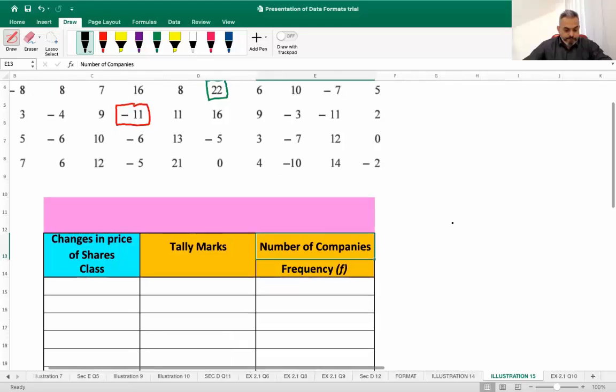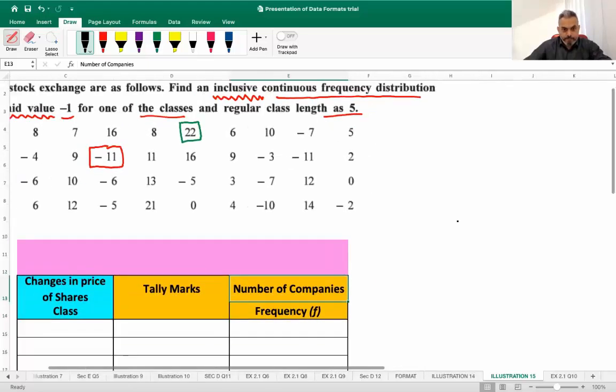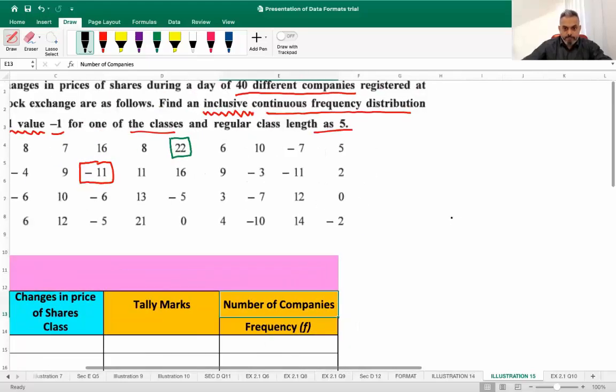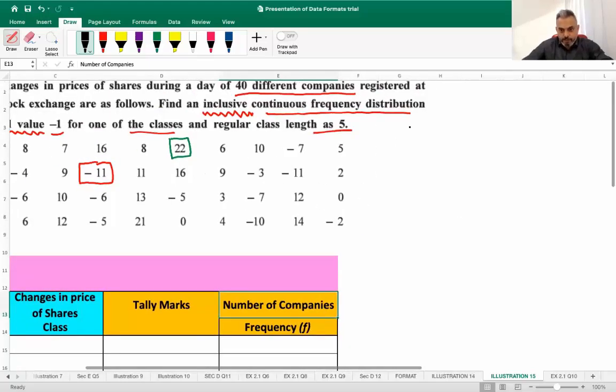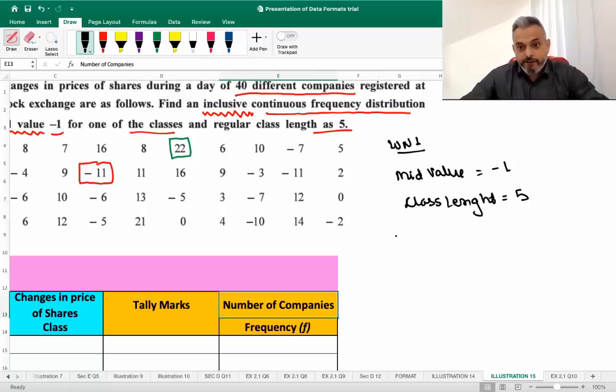Now, we write working note 1. What is given? Mid value is equal to -1. Class length is given, which is equal to 5. So now we have to use the formula and first find the lower limit.